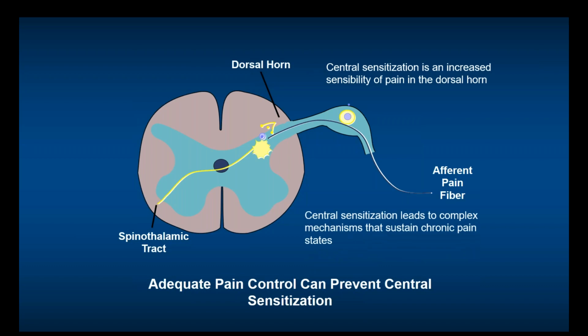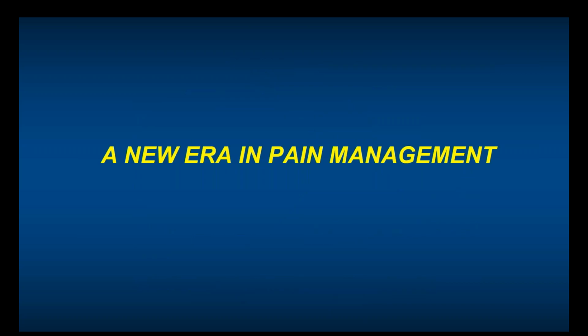And that state leads to central sensitization. That's a complex mechanism that sustains chronic pain. So we try to prevent, reduce, and reverse central sensitization, but it's not so easy. We try and prevent central sensitization by being very aggressive with acute pain management.